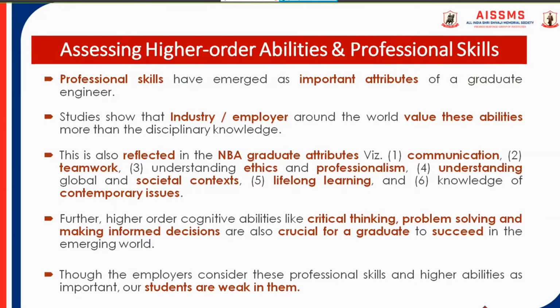Then this is also reflected in the NBA graduate attributes, which we have already seen, where we have talked about communication skills, teamwork, understanding of ethics and professionalism, understanding of global and societal context, lifelong learning, knowledge of contemporary issues. Then further, higher order cognitive skills like critical thinking, problem solving, and making informed decisions are also crucial for graduates to succeed in the emerging world.